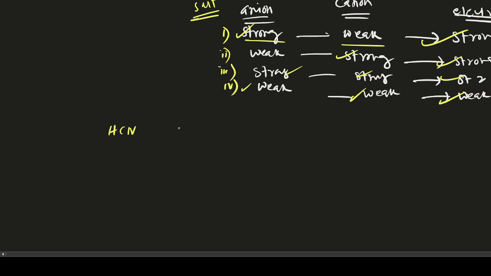So if you dissociate it, since it is a weak acid, this is a weak electrolyte, so it partially dissociates into H plus and CN minus. And if we have NaCN, this Na comes from NaOH, a strong base. If any one becomes strong, then that becomes a strong electrolyte, so it will dissociate completely into Na plus and CN minus.